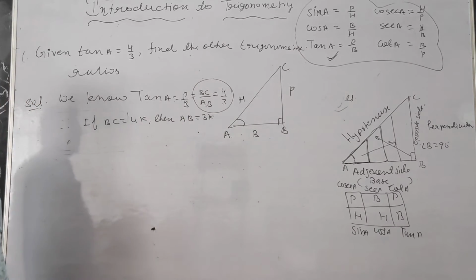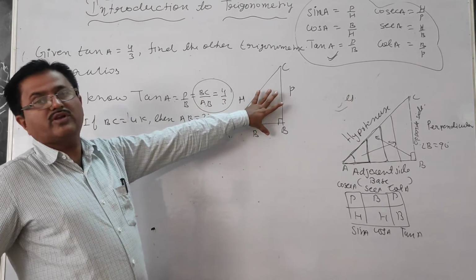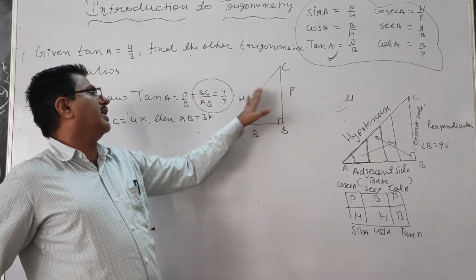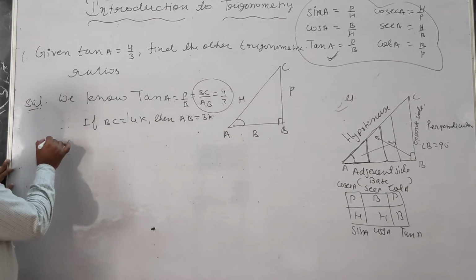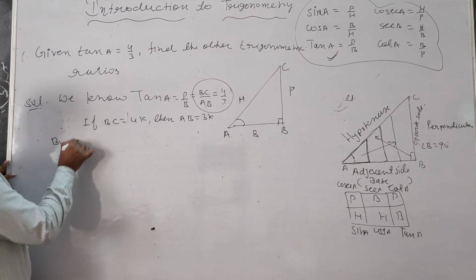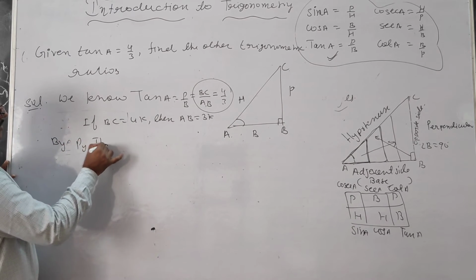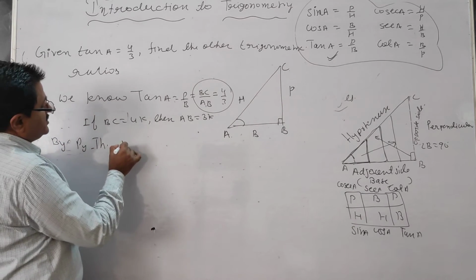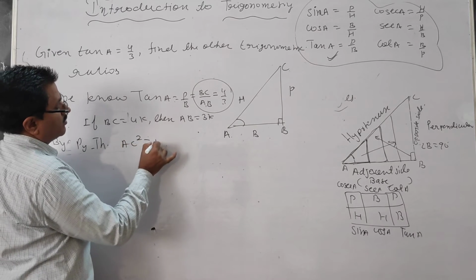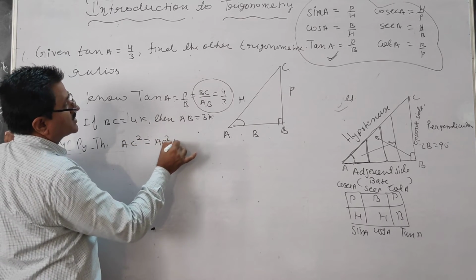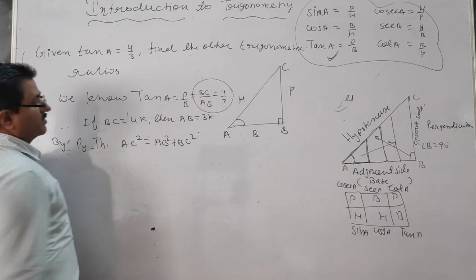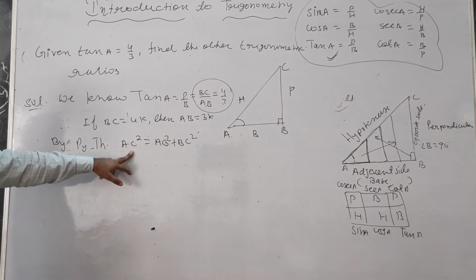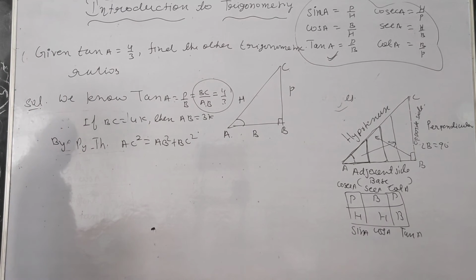So now using the Pythagoras theorem, we can find the third side, because two sides of the triangle are given. So we know by the Pythagoras theorem, AC square is equal to AB square plus BC square. Hypotenuse square equal to perpendicular square plus base square.